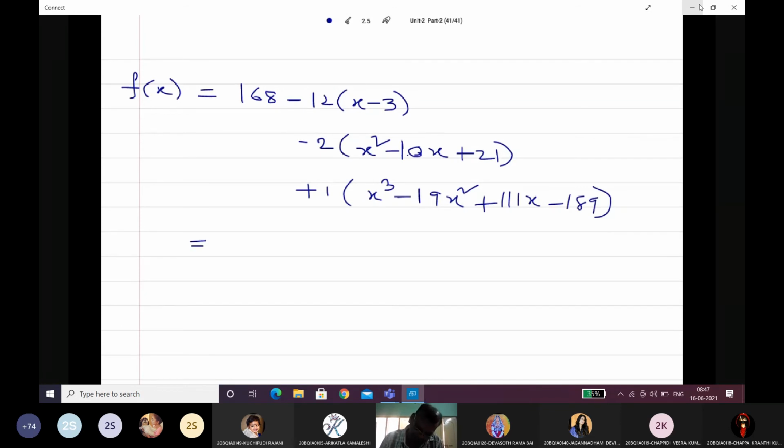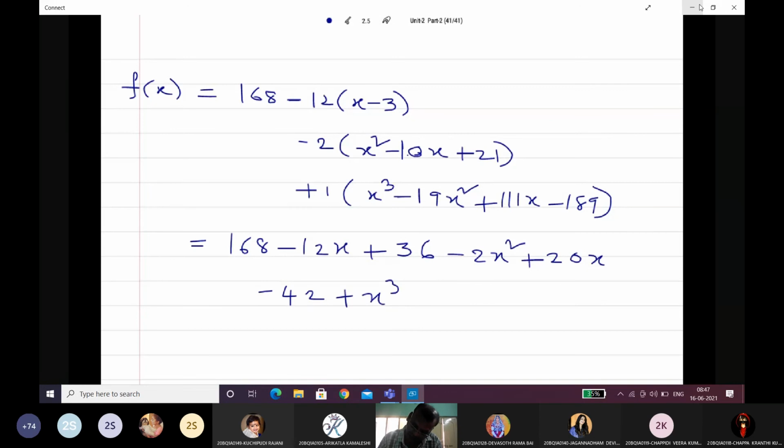Again rewrite this one as 168 minus 12x plus 36 minus 2x square plus 20x minus 42 plus x cubed minus 19x square plus 111x minus 189, that is equal to, first you have to write the x cubed. How many x squares are there? Minus 21 x square.